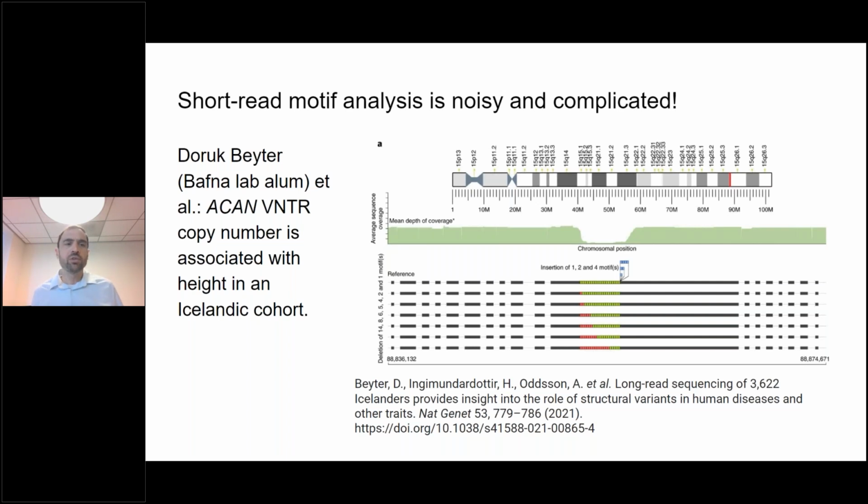There he was able to show that the copy number of a tandem repeat in ACAN is associated with height in their cohort. And importantly, he was able to develop some particular methods for annotating the specific copy number of repeats in this sequence. And so we're able to get an exact count here.